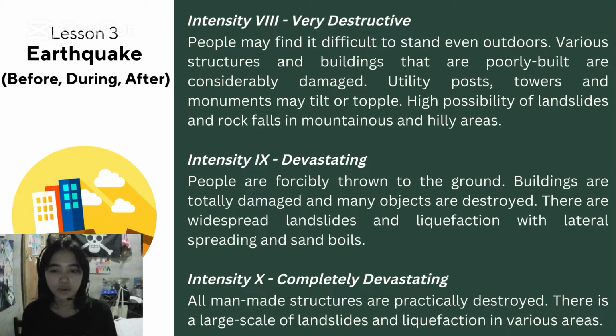There are widespread landslides and liquefaction with lateral spreading and sand boils. So in intensity 9, the effects are like those of intensity 8, however, the impact is bigger since intensity 9 is very strong. And in some cities, there is a possibility that buildings will be destroyed, especially those without a proper foundation.